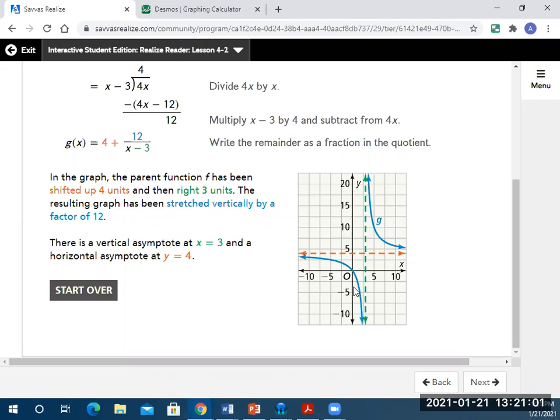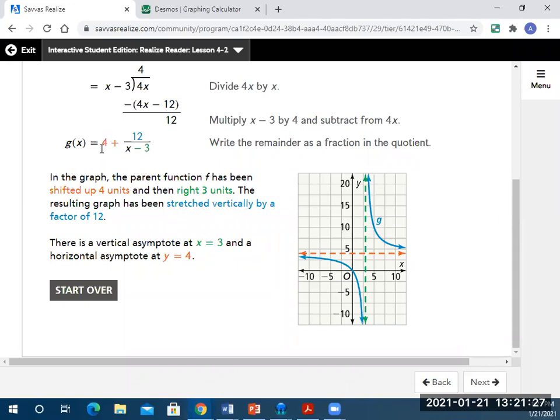So it was x equals 0 and it shifted to the right 3. What is the new asymptote? X equals 3, right? And then if you had a horizontal asymptote from the parent function at y equals 0 and it shifted up 4, what is your new asymptote? Y equals 4, right?